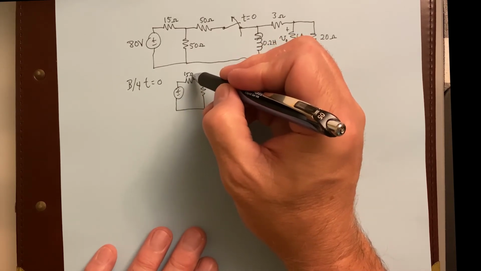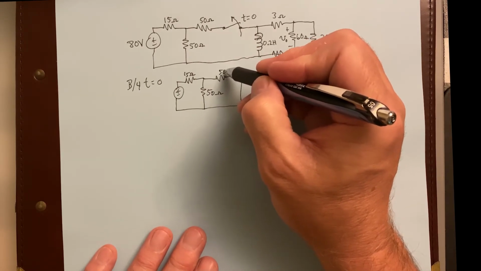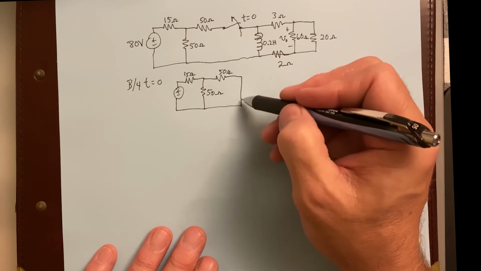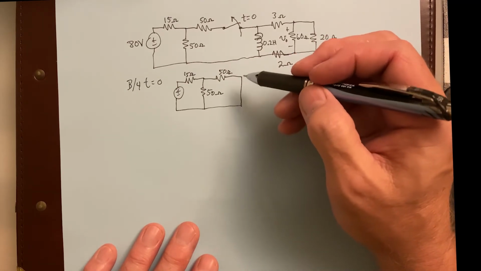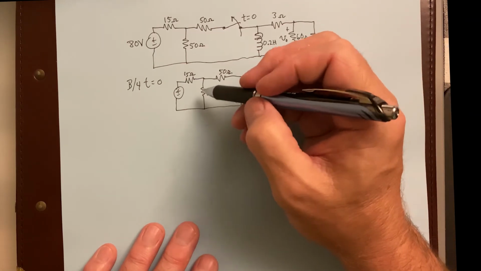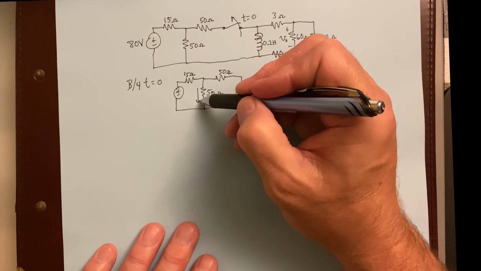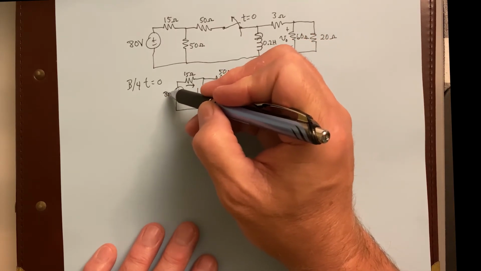where there's the 15 ohm, there's the 50 ohm, there's a 50 ohm. The inductor would be right here, but it's not there. It's just acting like a piece of wire. So let's say that that's the current going right there. There could be another current right here, and current coming out of this 80 volt source.